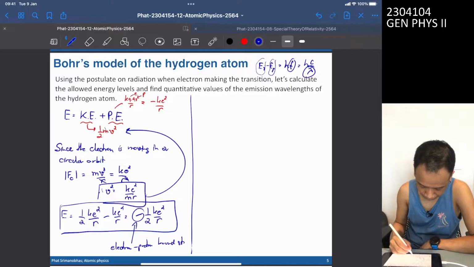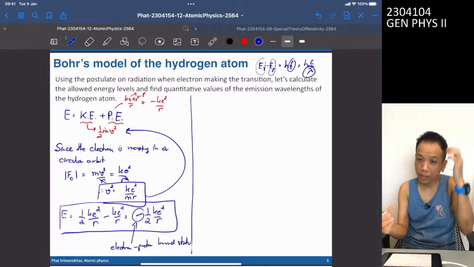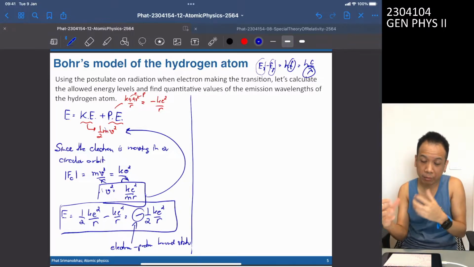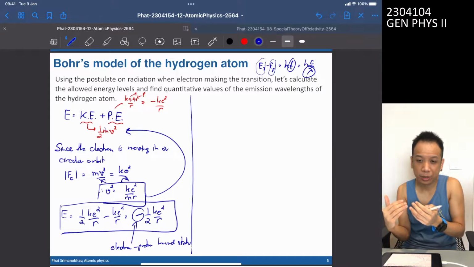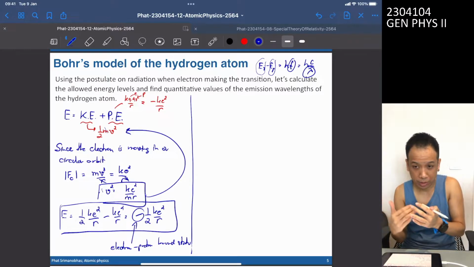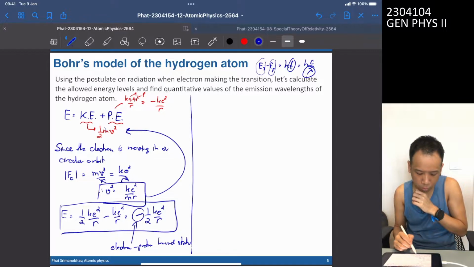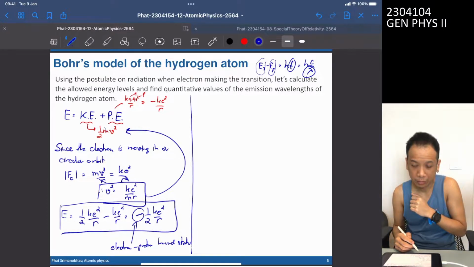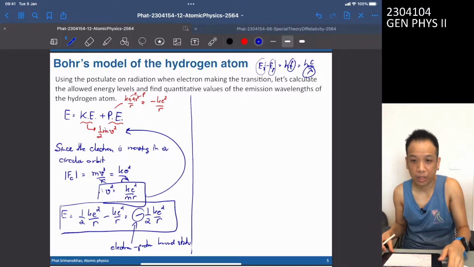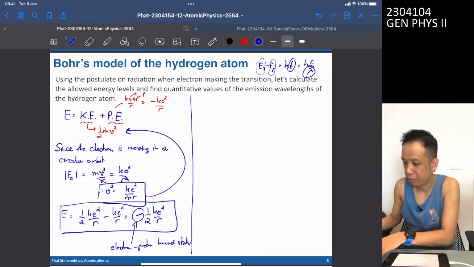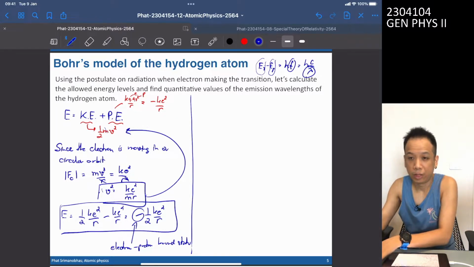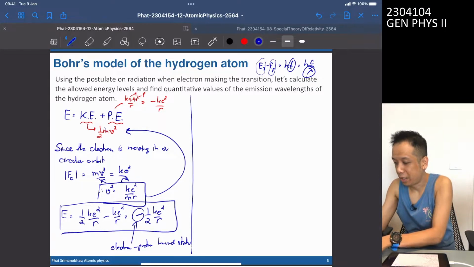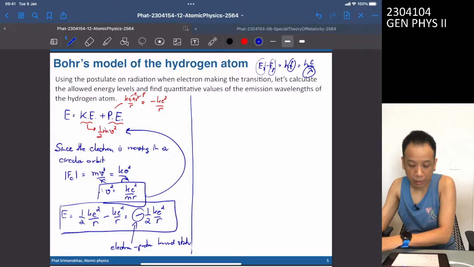It's bound together, and if you would like to have the spectrums, you need to put energy into the system. When you put the energy in, equal to this half of the ke square over r, you break the bonding, and then you get the spectrums. So you try to remove the electron out from the system.